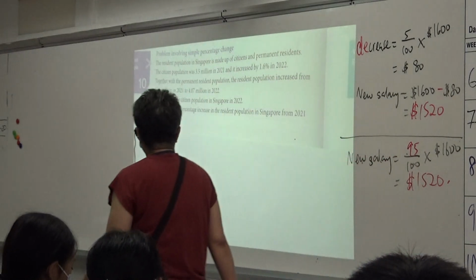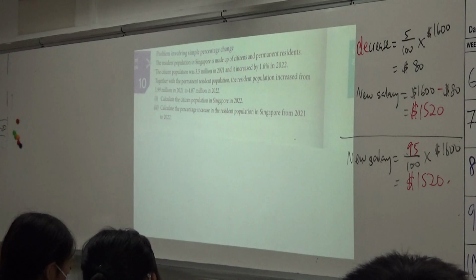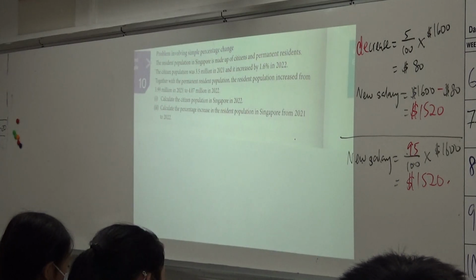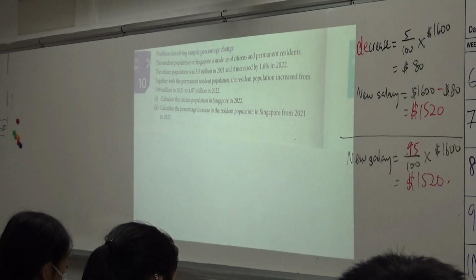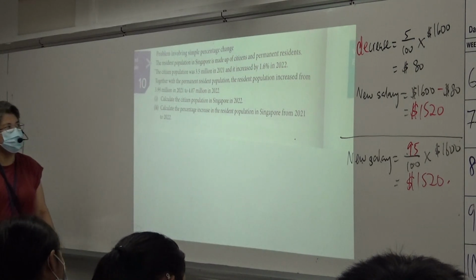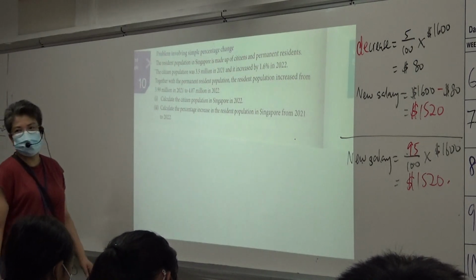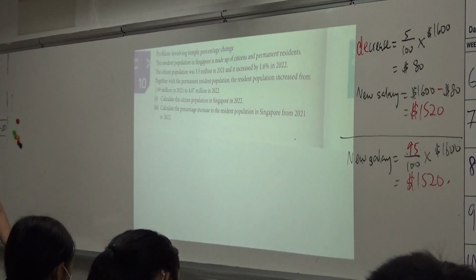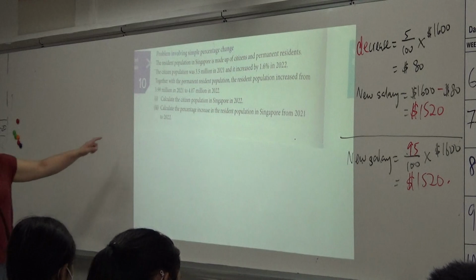Okay? The citizen population is 3.5 million in 2021 and increased by 1.6% in 2022. Now, together with the permanent population, the resident population increased from 3.99 million in 2021 to 4.07 million in 2022. Correct? Yes or no? Okay.